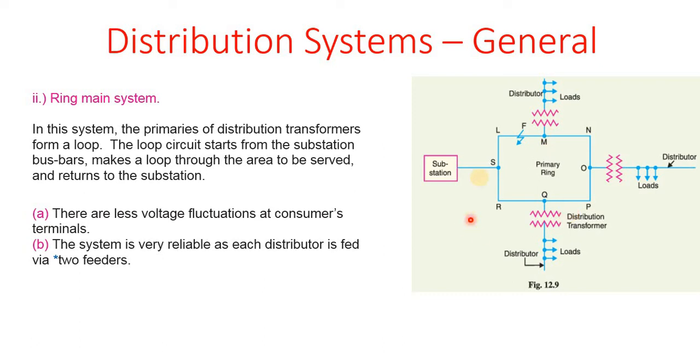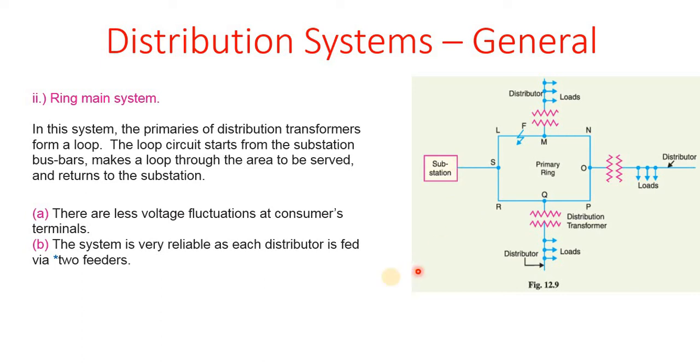The only vulnerable point in this case is this point S and the substation. In case there is a problem in this area, then the whole ring will go out. However, this is shown in this diagram, but actually this point lies at the substation, and the ring starts from the substation and then terminates on the substation itself.